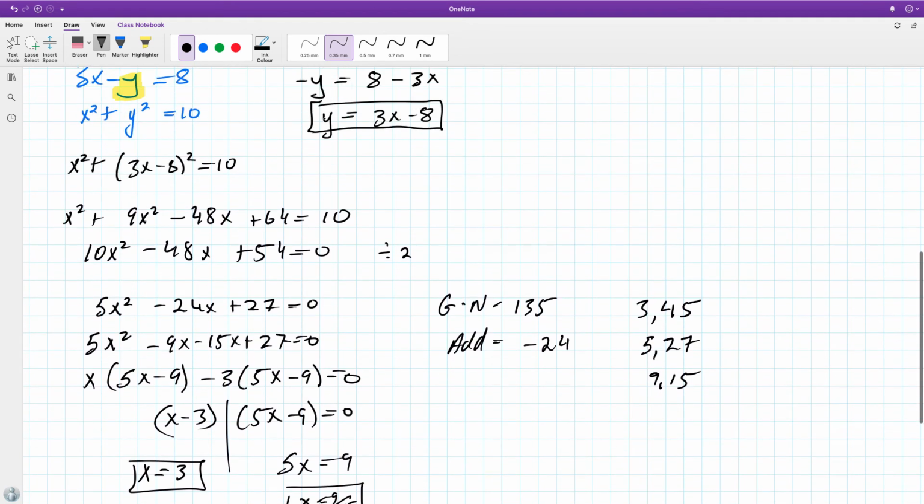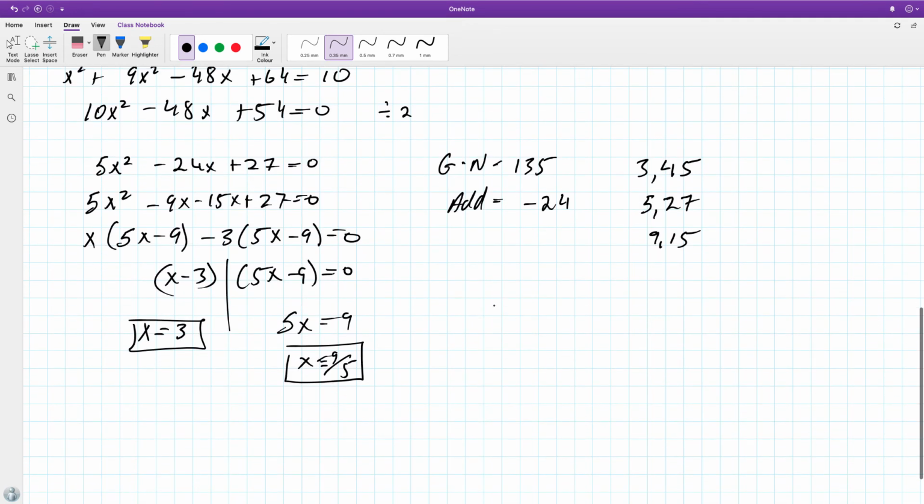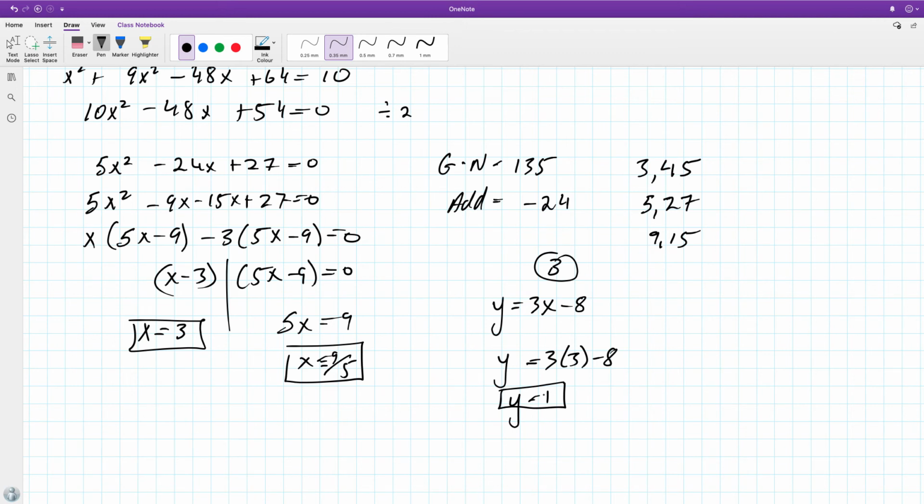Subbing back into your y is equal to 3x minus 8. When x is 3, y is equal to 3 times 3 minus 8, so y equals 1.